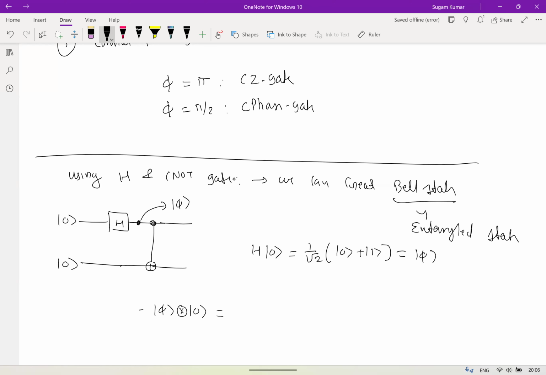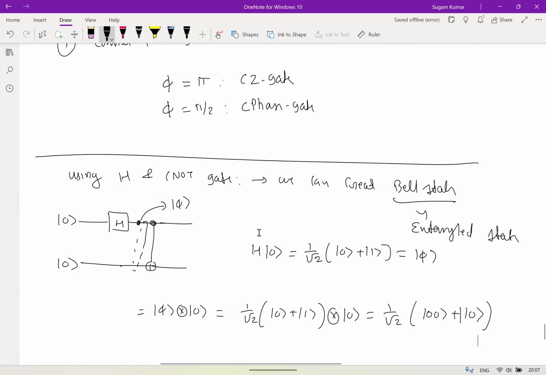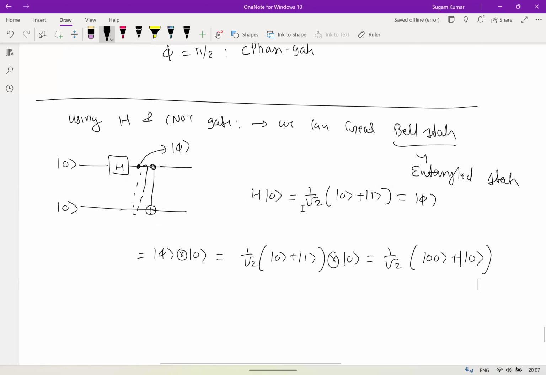So in the combination of these two, it is going to be 1 by root 2 times 0 and 1, tensor product 0. This is going to become 1 by root 2 times 0, 0 and 1, 0, correct? This is a superposition state. This is not an entangled state, correct?